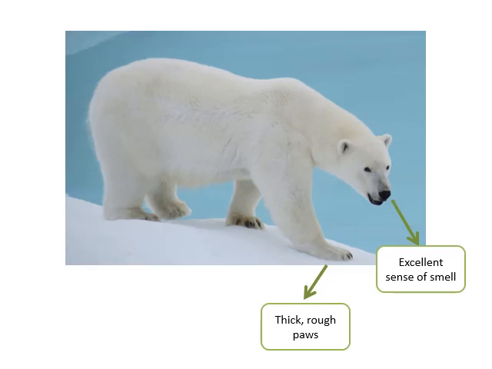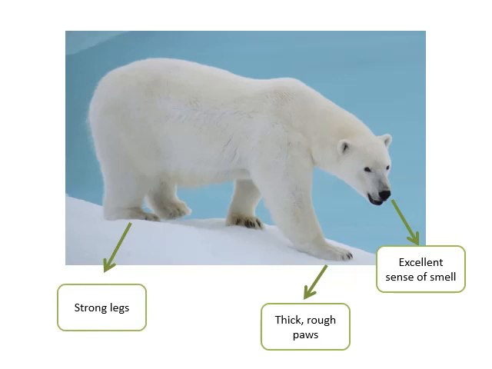It also has thick and rough paws, and they are very good swimmers and runners, and they don't want to slip over the snow, so that's why they have thick and rough paws that stick to the snow, and it makes it easier for them to move.